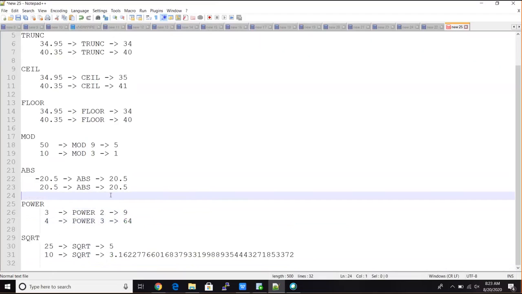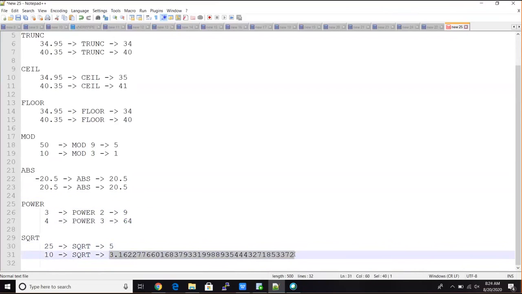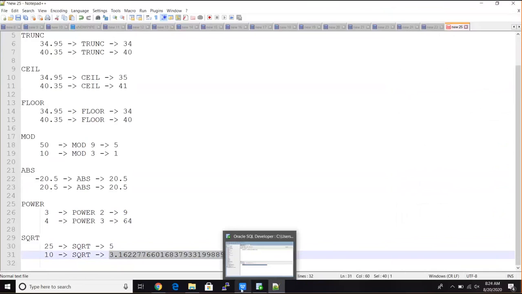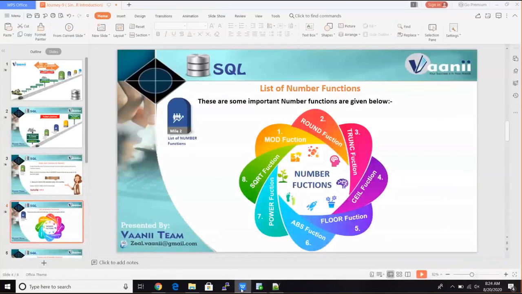That's the power function. Square root, all of you know, just gets the square root of any value. So the square root of 25 will be 5, and the square root of 10 will be this much big number. So I wanted to make you aware of all these number functions.